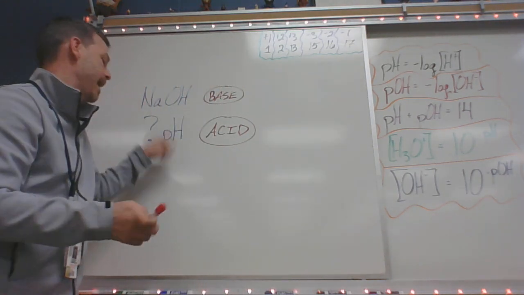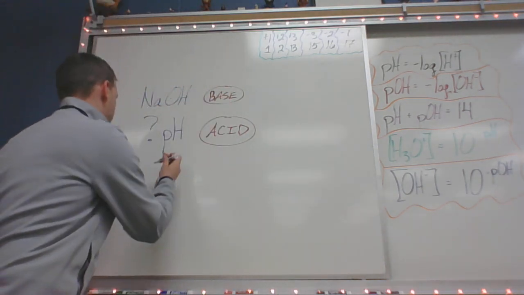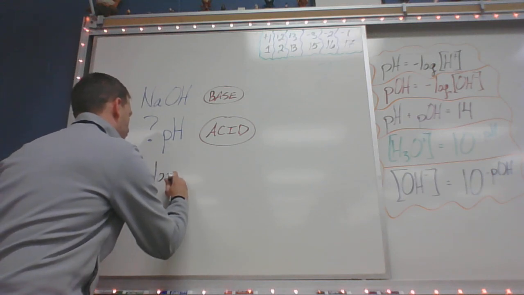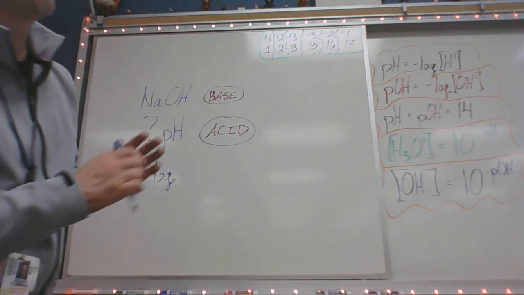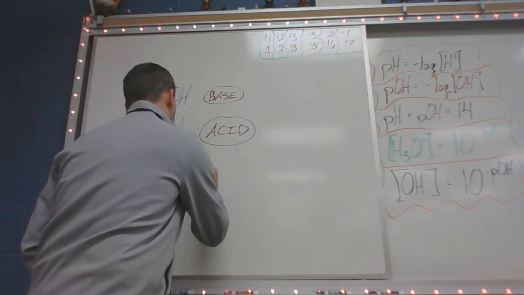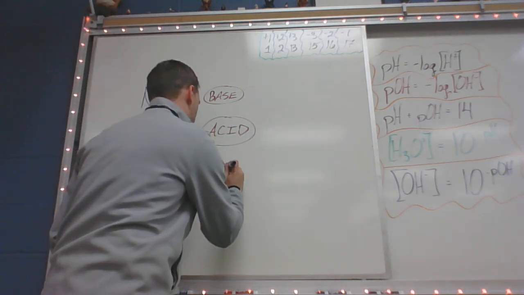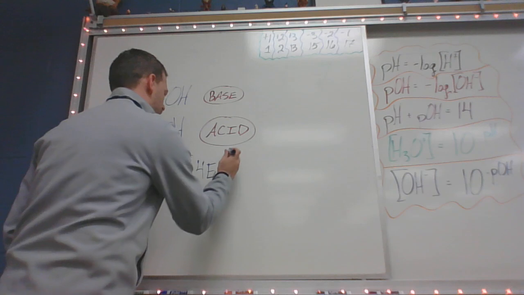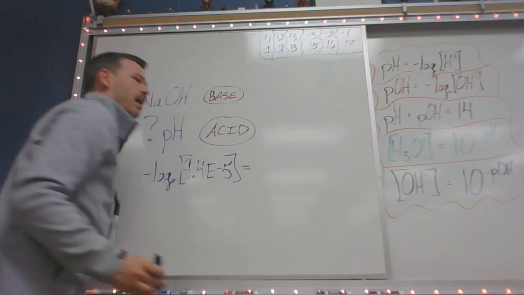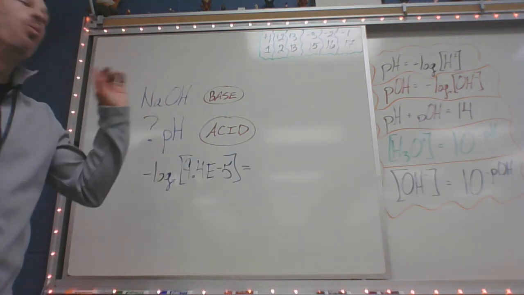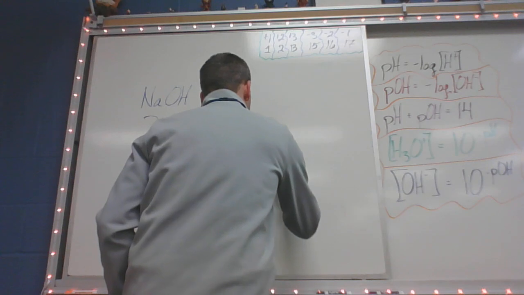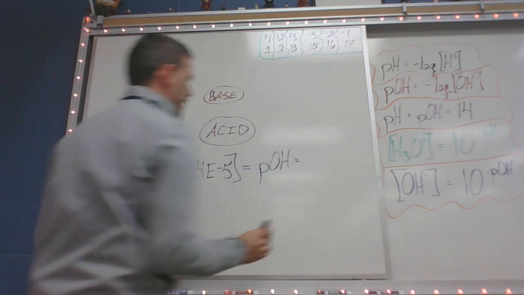Watch how we fix it at the end. Let's still go negative log of the given, 9.4 e negative 5, which will spit out a pOH, as we already said.